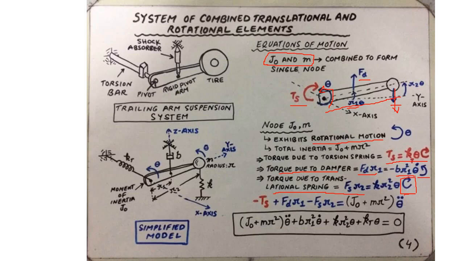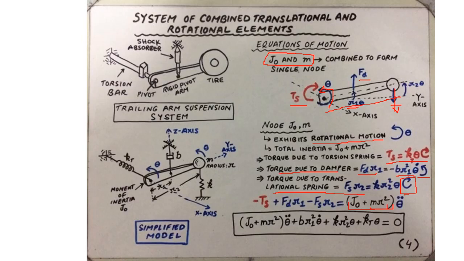So now we have all the torques ready. We can just tack this onto the final expression, where the left hand side is the net moment of inertia of the pivot arm and the mass associated with the tire and the wheel assembly, simplified as m r squared, where r is the radius of the tire.